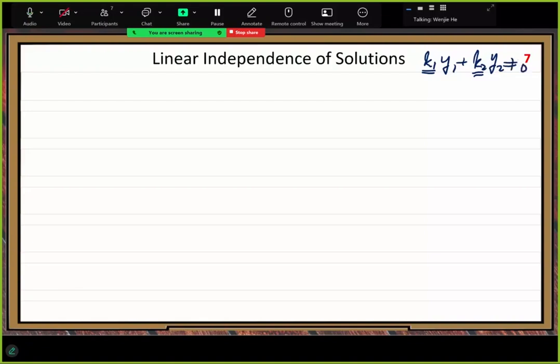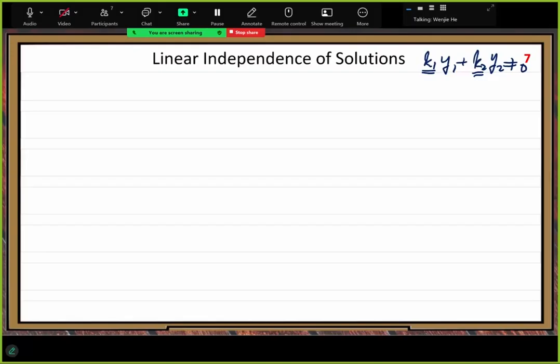For any k1, k2, this linear combination can never be the zero function.